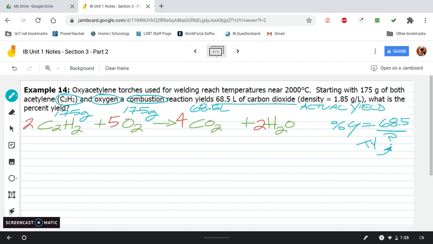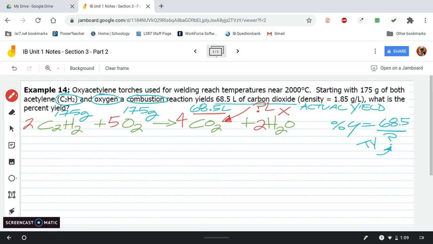So what we're going to do is find CO2, because we know that this is what was created in real life, but we need to figure out how much was supposed to be created. So we've got to do the math and we're going to figure this out. So our question mark is going to be the CO2 in liters.